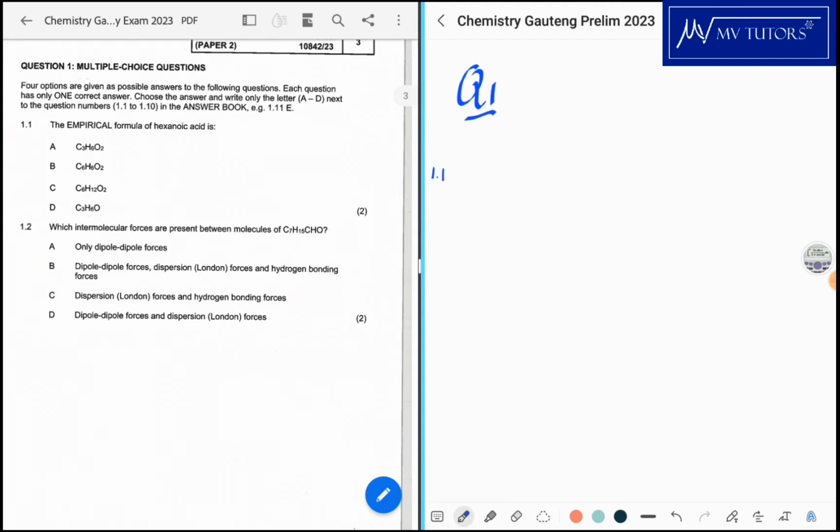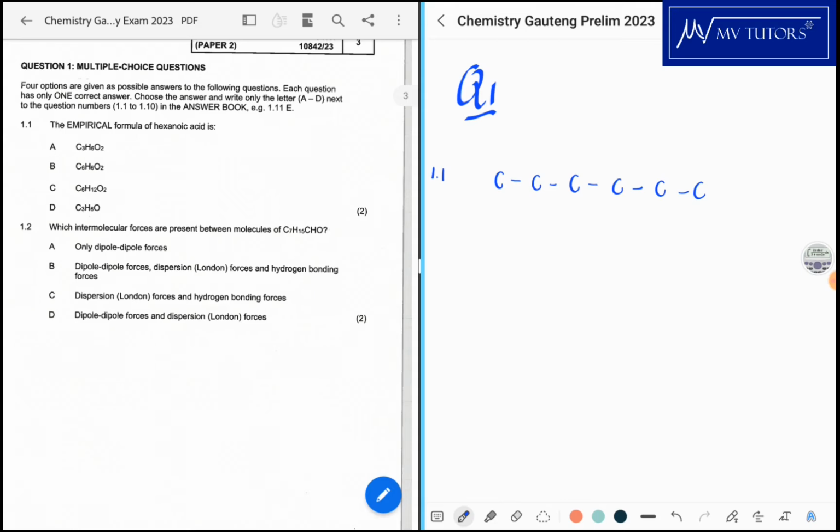Alright, so 1.1, the empirical formula of hexanoic acid is, and we need to choose between A and D. Firstly, what is the molecular formula for hexanoic acid? If I were to sketch the structural formula, we need 6 carbons.